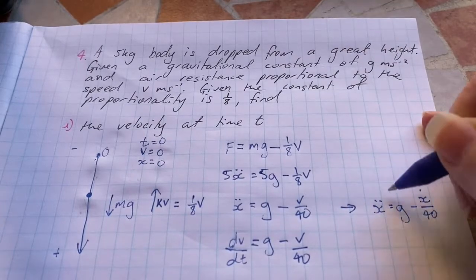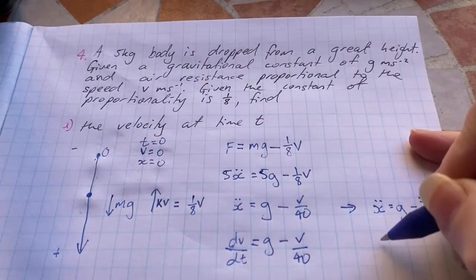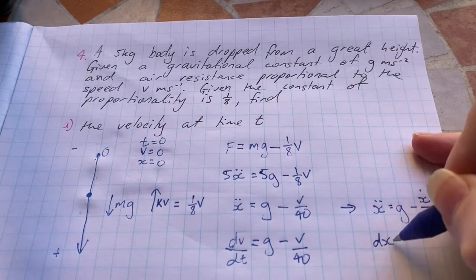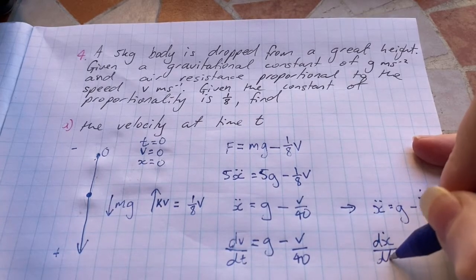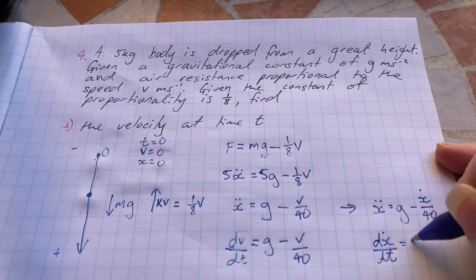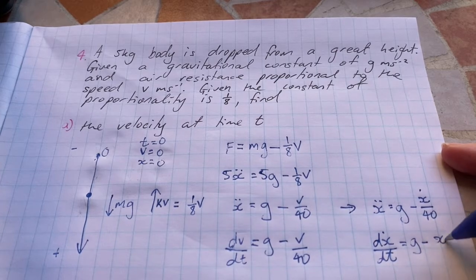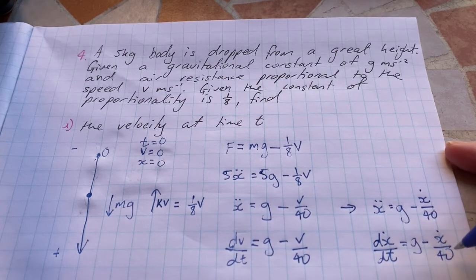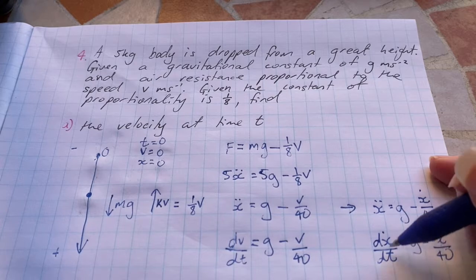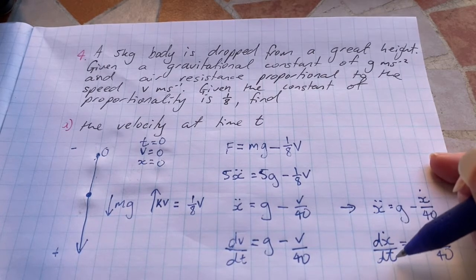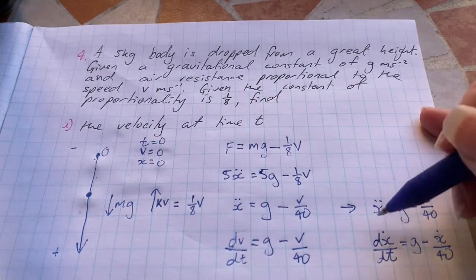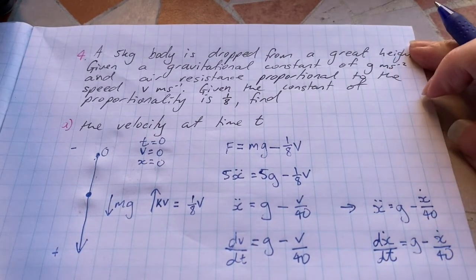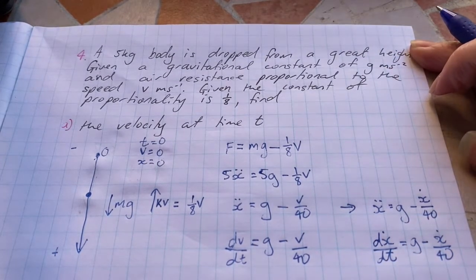And there is an example in your textbook where it works like that. And so this line would be dx dot dt equals g minus x dot on 40. There's actually also an example where it's with respect to x down here, so you've got dx dot on dx. So it can get a little bit confusing. You've got to be a little bit careful with which variable is which.